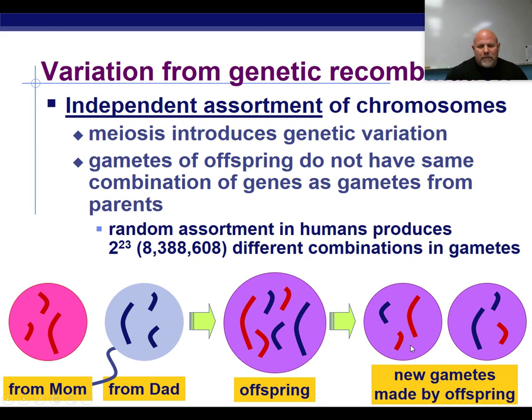So there might be a couple mom chromosomes mixed with a dad chromosome and vice versa. And since I have 23 pairs of chromosomes, there's a lot of mixing of the mom and dad chromosomes when I make my gametes. And so independent assortment is going to mix up the chromosomes in my gametes, so my gametes aren't just getting all traits from my mom or all traits from my dad, but actually a mixture of my mom and dad's traits go into making my offspring.